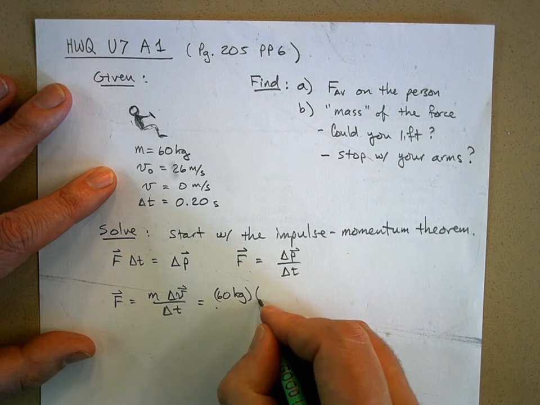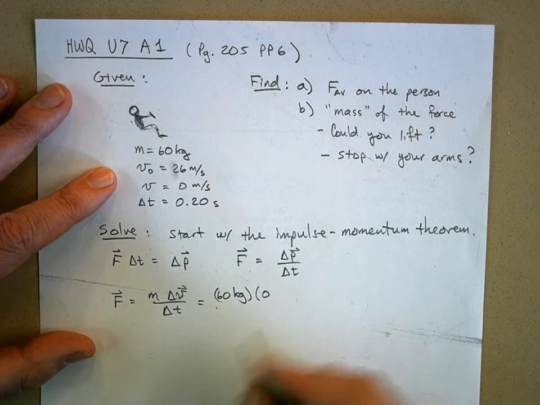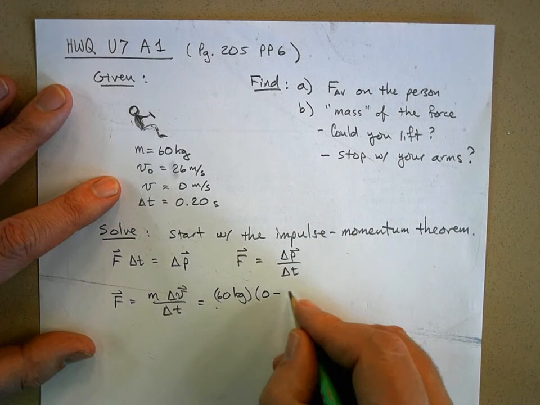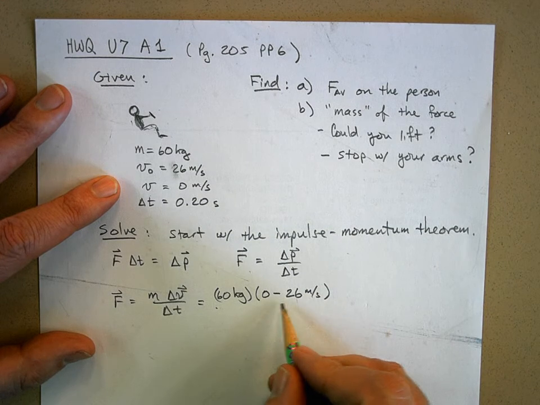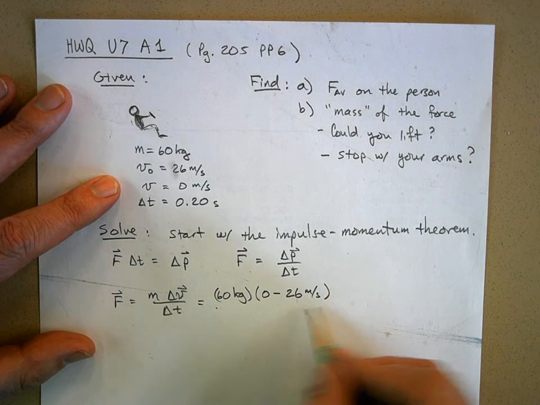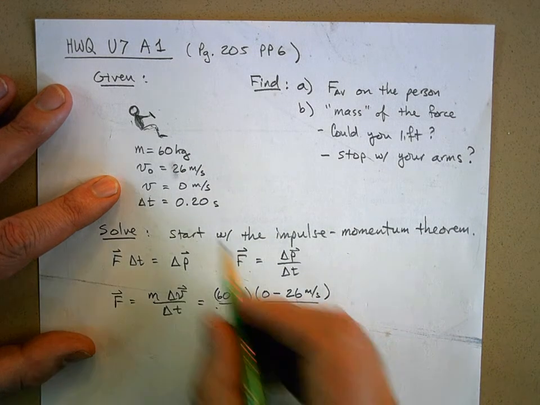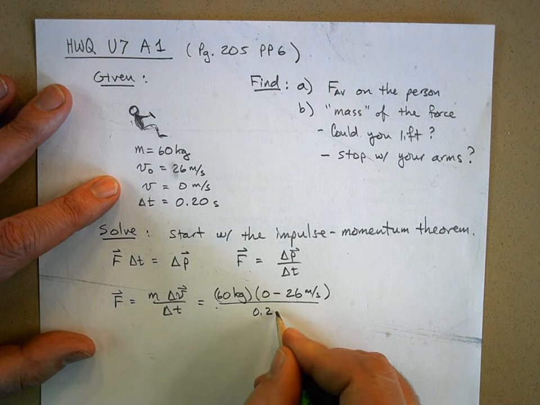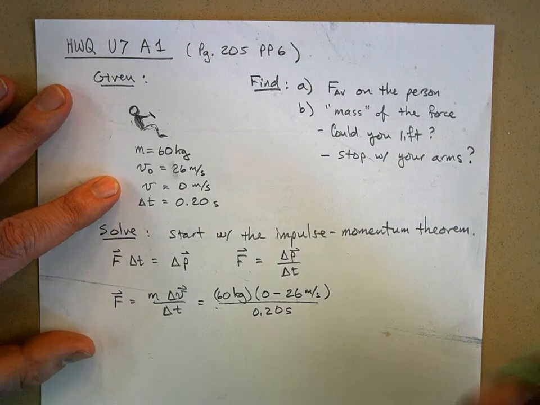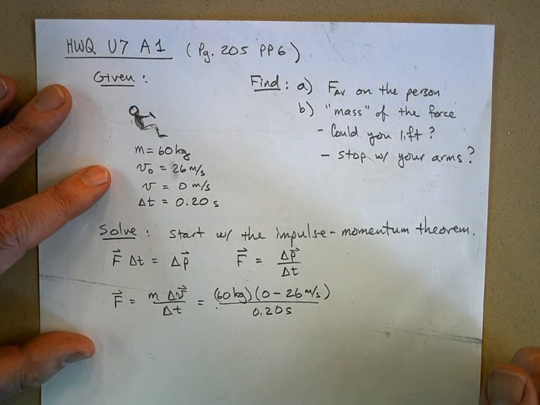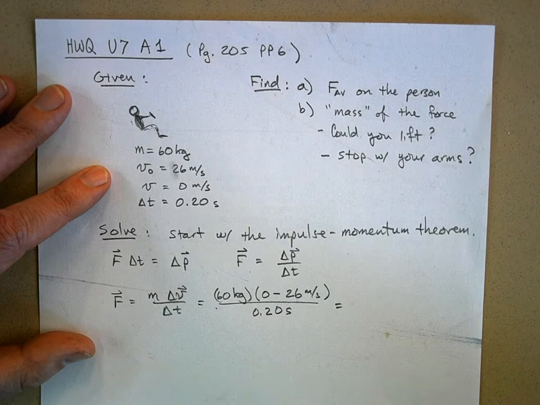The change in velocity is the final velocity minus the initial velocity, and I hope you remember to put that negative in, or it's going to end up being negative. And divided by 0.20 seconds. If you have that much change in velocity in that little time, that's a real jolt on the system. That could hurt.